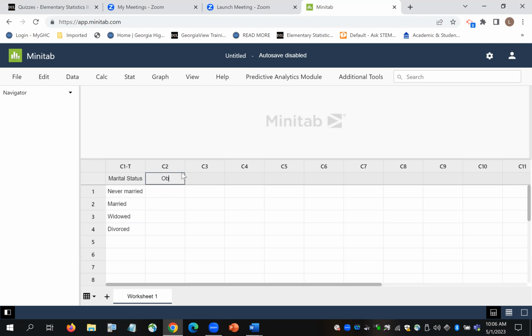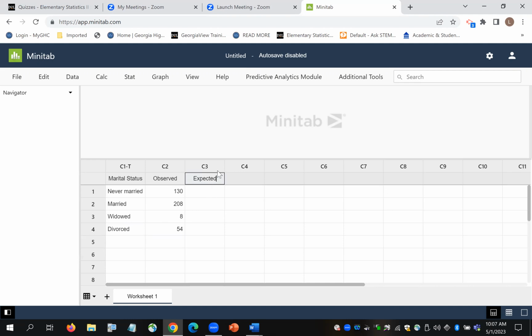And then I put in the observed. How many did I observe when I conducted my survey? That's the information on the frequency distribution. So there were 130 never married, 208 married, 8 widowed, and 54 divorced.